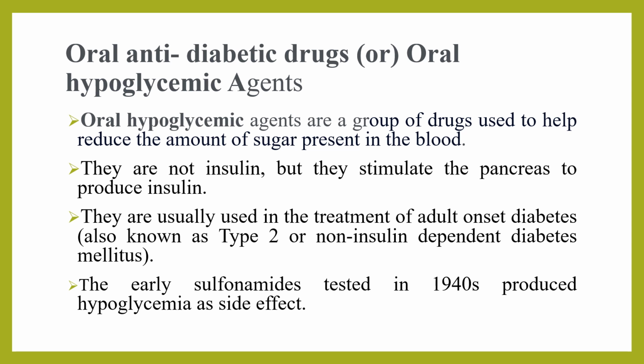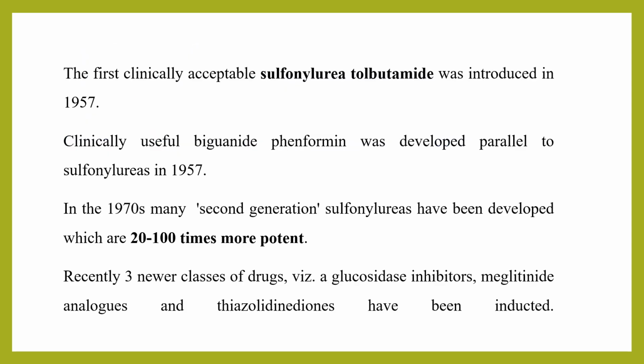The early sulfonamide tested in the 1940s produced hypoglycemia as a side effect. The first clinically acceptable sulfonylurea, tolbutamide, was introduced in 1957. The clinically useful biguanide phenformin was developed parallel to sulfonylureas in 1957.